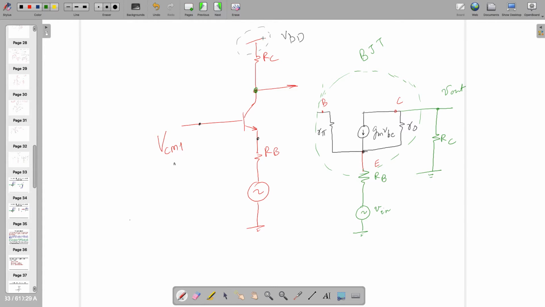RB, yeah, RB. Take RB down. Keep one voltage source. Look, this is AC. You cannot make it 0. V in is not 0.